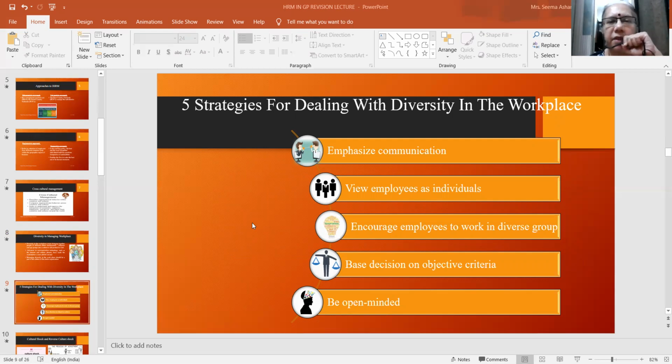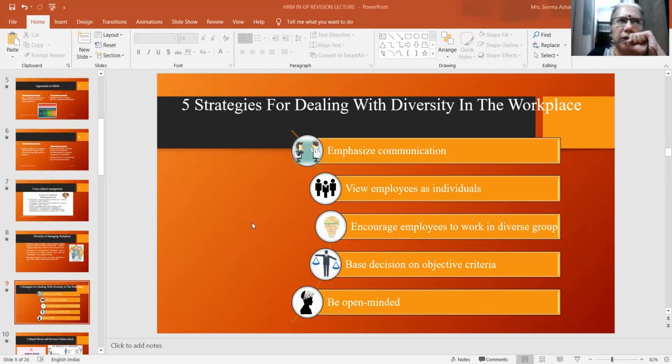So the emphasis is on very clear, very transparent and good communication. In a huge multinational organization, every employee should be treated as an individual. Every employee should be encouraged to work in different diverse groups rather than being a part of the same group throughout.